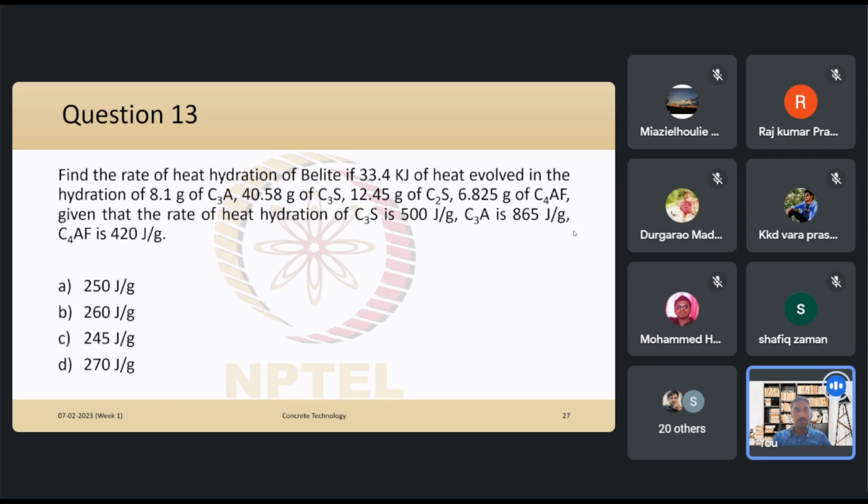We have very few votes so far for this question. Actually, this is the easiest of the two numericals that we have seen today. Maybe one more minute. Somebody is near completion.